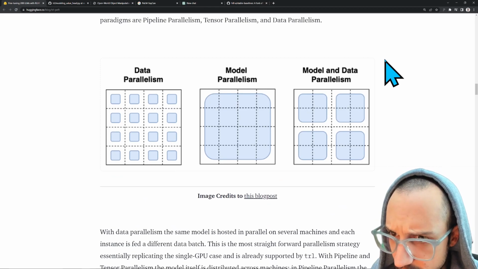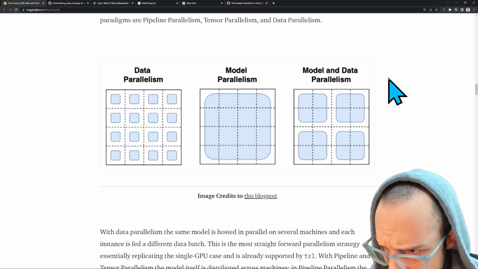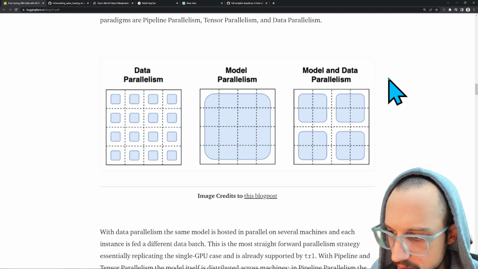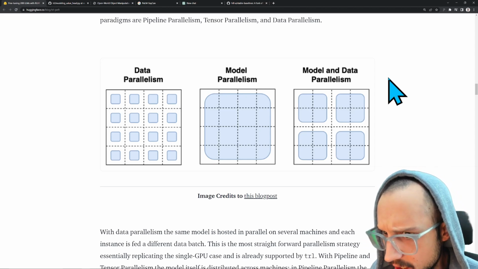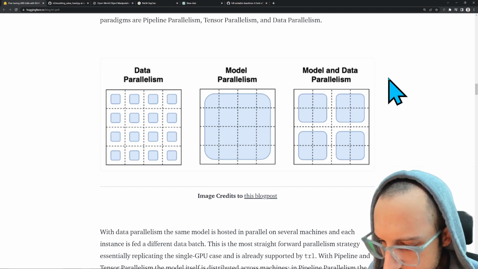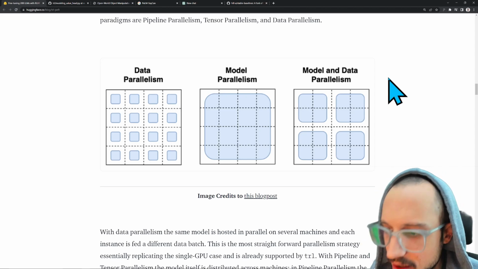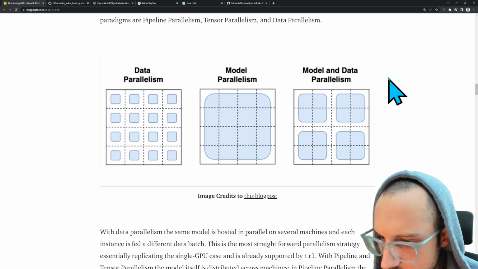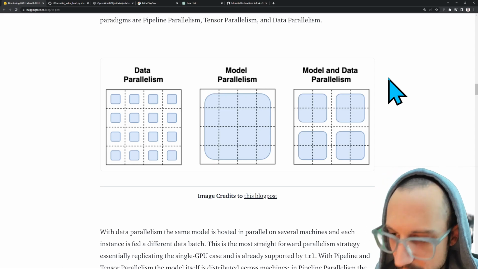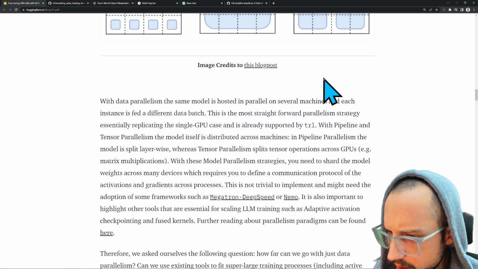JAX, which is a machine learning framework, is popular specifically for this, where it's very good at pmap and vmap, parallel mapping, different ways of taking your compute graph, if you want to call it that, and mapping it onto the compute you have available, mapping it onto your hardware.